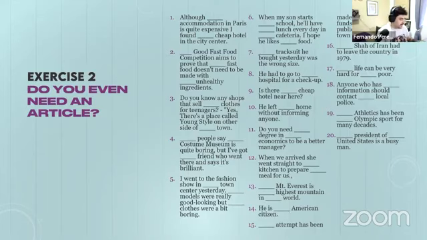You get numbers 6, 7, 8, 9, and 10. Please start solving the exercises as we go, okay? The exercises are on the Zoom chat.